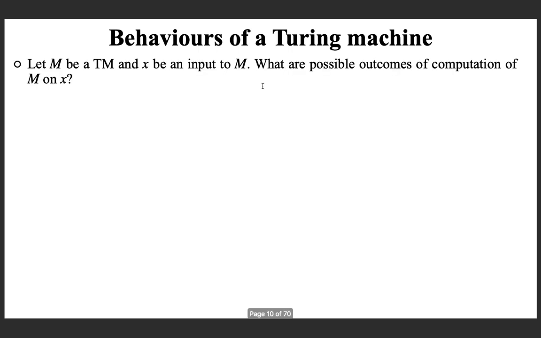Now let us recall the possible behaviors of a Turing machine on a given input. Let M be a Turing machine and x be an input string to M. What are the possible outcomes of the computation of M on the input string x?